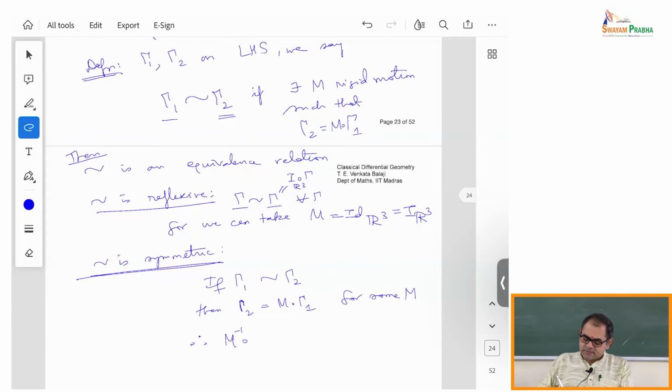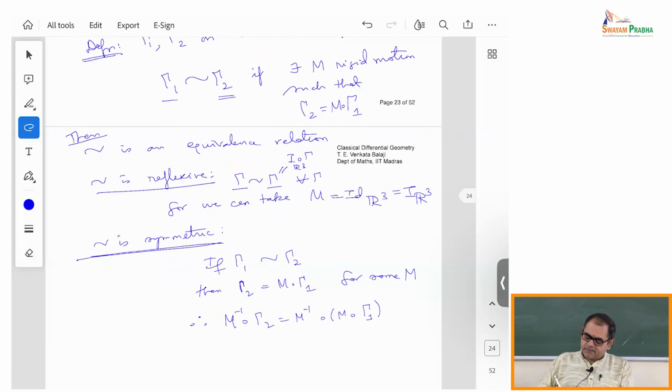So m inverse circle gamma 2 will be m inverse circle m circle gamma 1. The composition of maps is associative, so you get m inverse circle m circle gamma 1, and m inverse circle m is identity R3 circle gamma 1, and that is simply gamma 1.